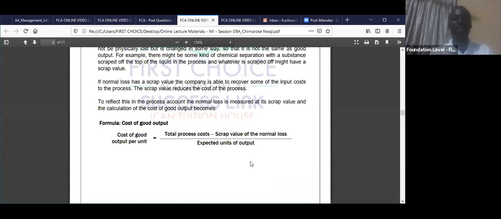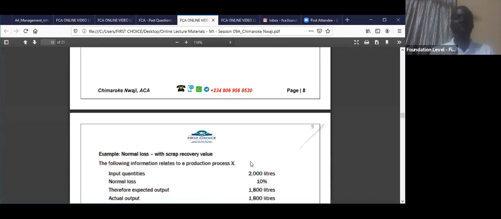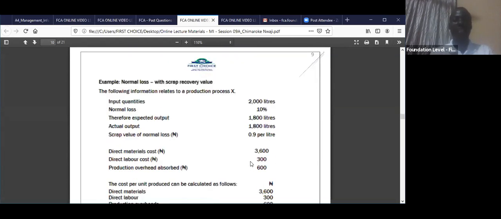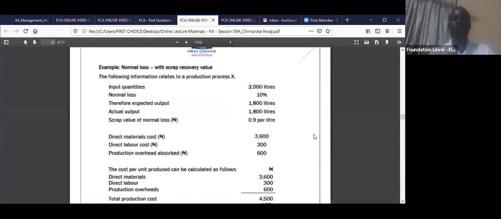All right, let's see this same example again. The same example where we have 2,000 units, 10% normal loss, which is 200. Expected output is 1,800. And when I say your actual output is the same as expected output, it means that only normal loss has occurred. There is no abnormal loss.